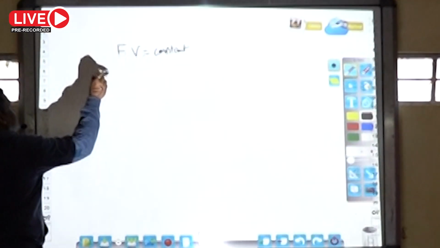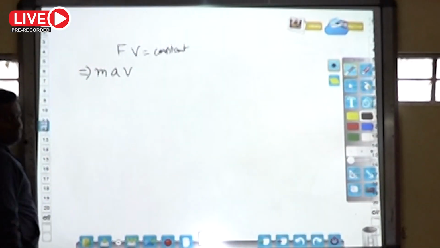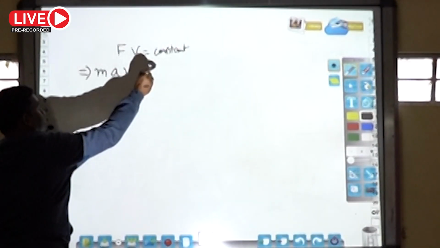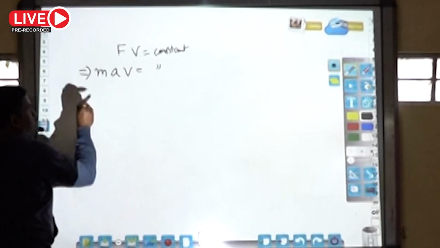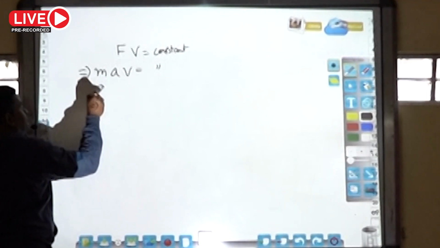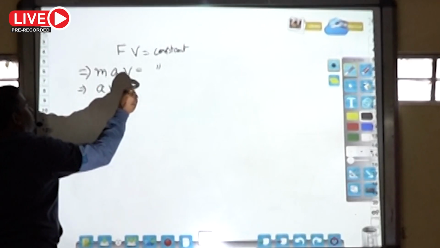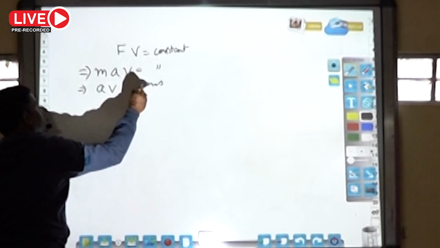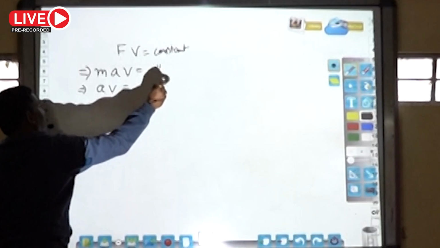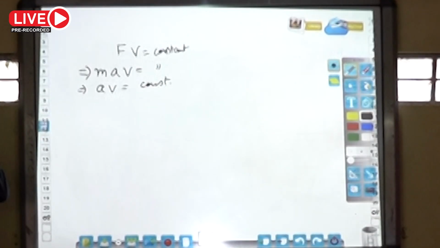Now this F can be written as ma, and mass is constant. So we can also write a into v equal to constant, because any constant divided by mass is a new constant.